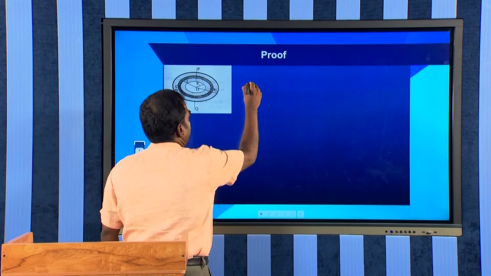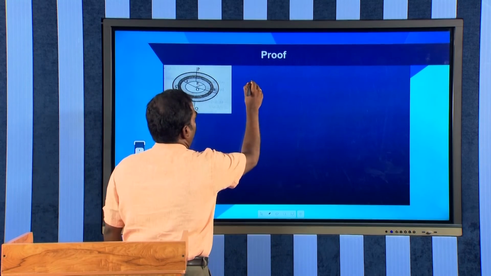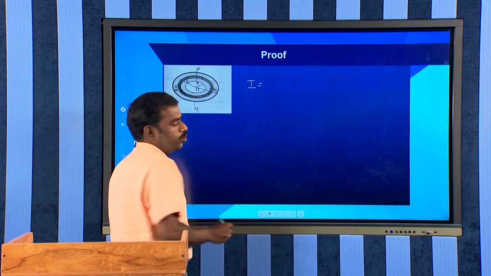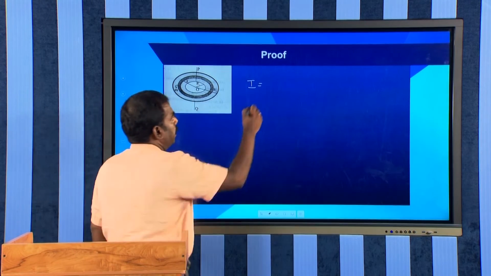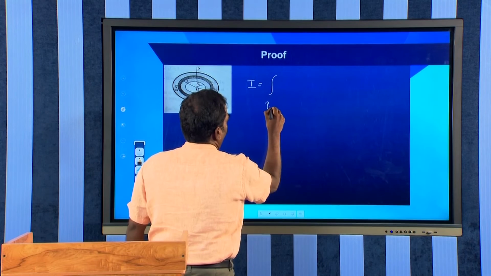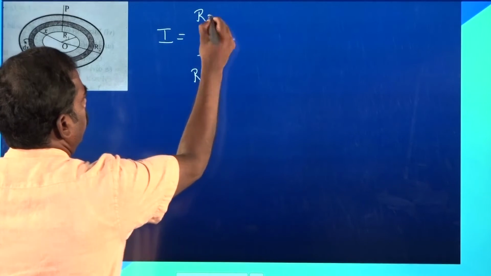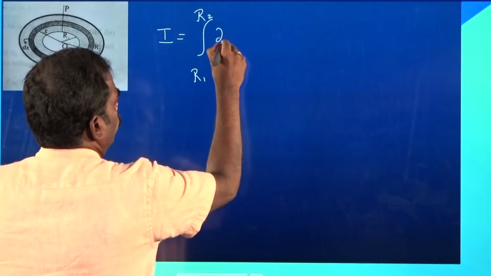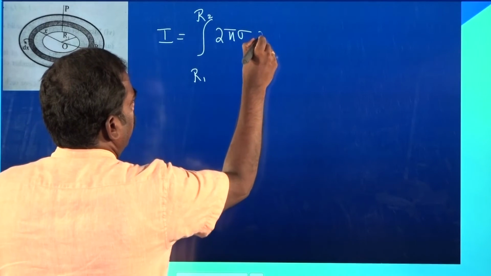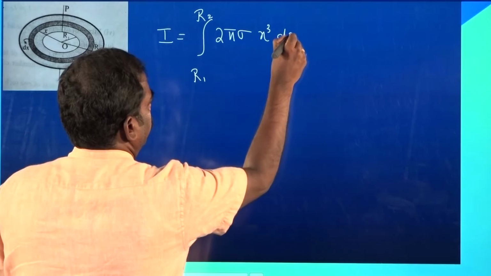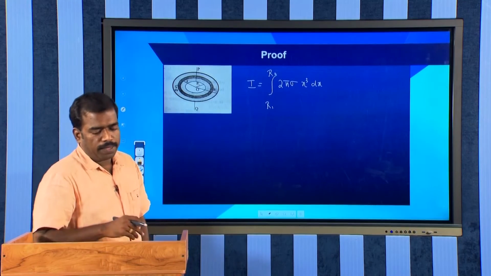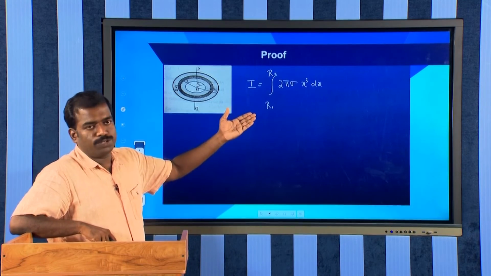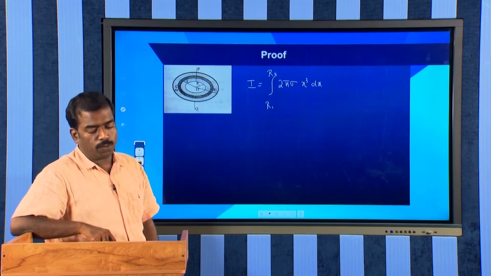So, I equal to the integral from R1 to R2 of 2 pi sigma x cube dx. Here also we get x raised to 4 by 4 and apply the limits R1 and R2.